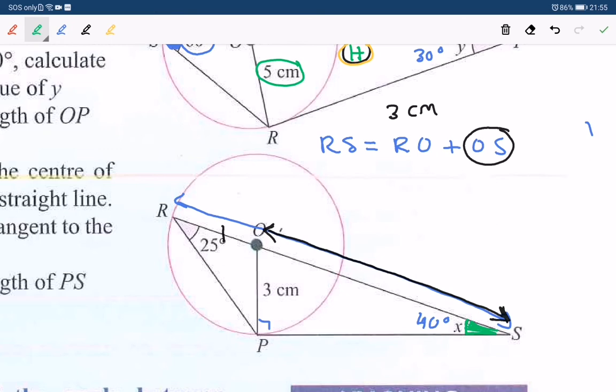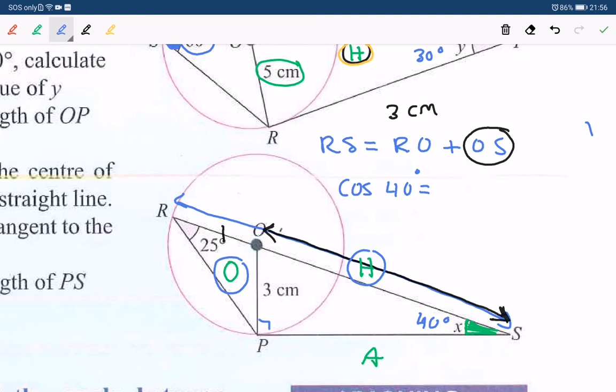We identify the positions again. Here is the opposite, here is the adjacent, here is the hypotenuse. We want to find the hypotenuse, our OS. We have the opposite.